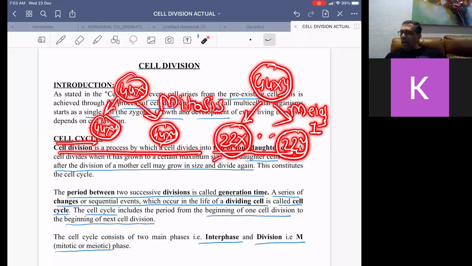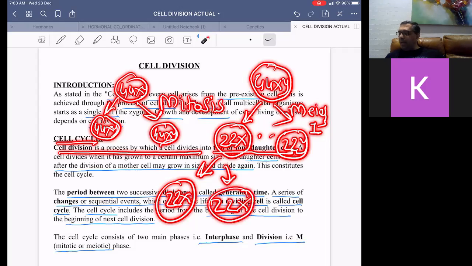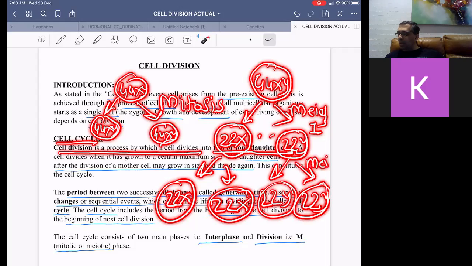And 22X then becomes 22X and 22X, and 22Y becomes 22Y and 22Y. So, you have four cells formed, and the second division was called meiosis 2.